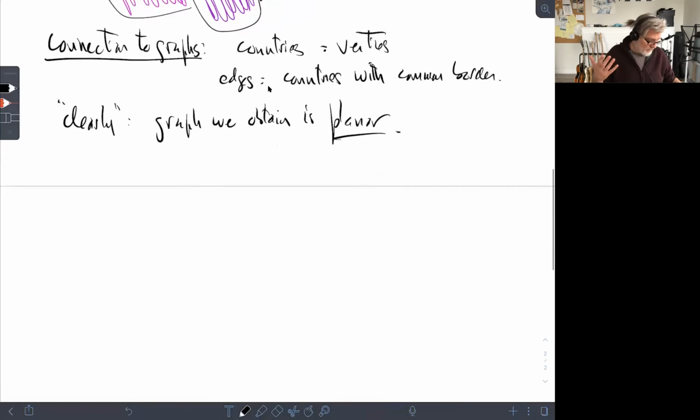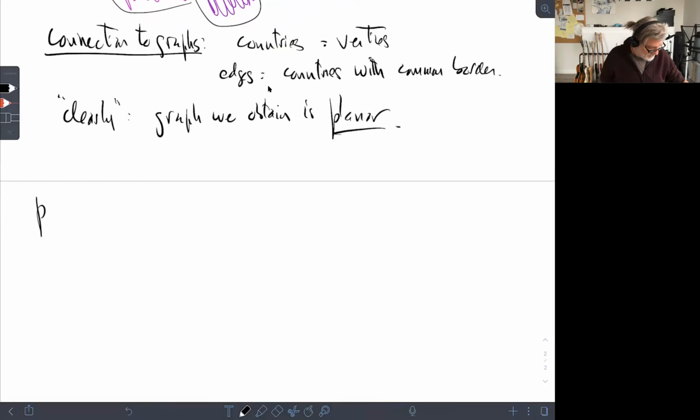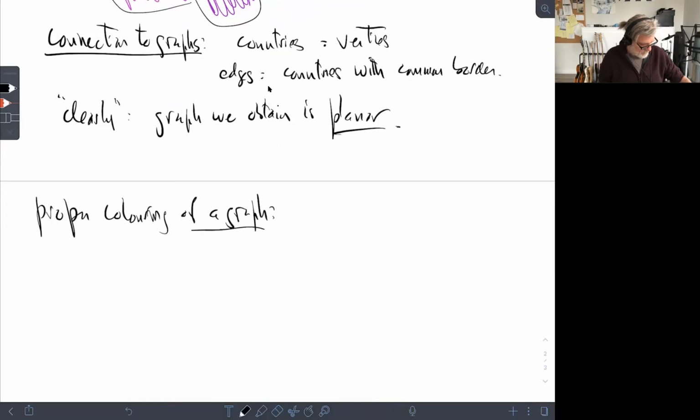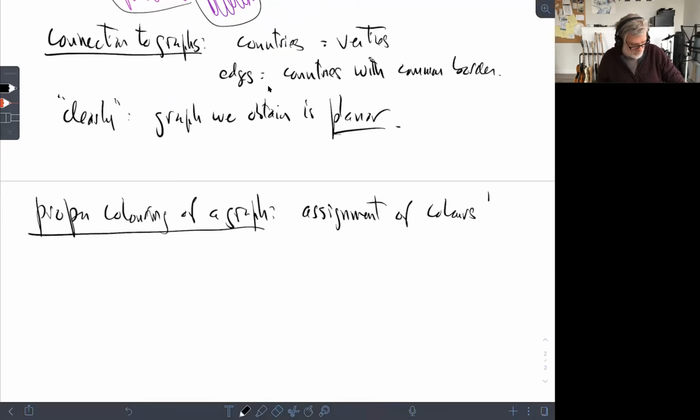I should refresh your memory about proper colorings, right? A proper coloring. I've mentioned this when I did the introduction. I said I took some pieces from 10.8, which was this section here. So the proper coloring of a graph. What is that? It's an assignment of colors to the vertices.